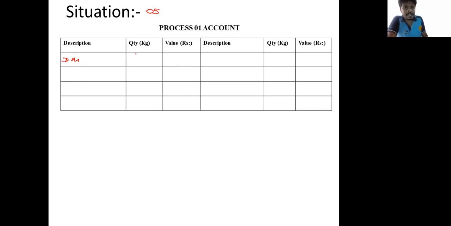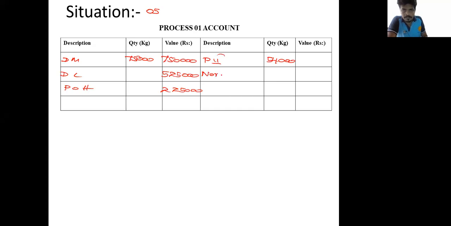Direct material 75,000 kilograms, value of it is 750,000. Direct labor 525,000. Production overheads 225,000. Then output has been given as 54,000 kilograms.